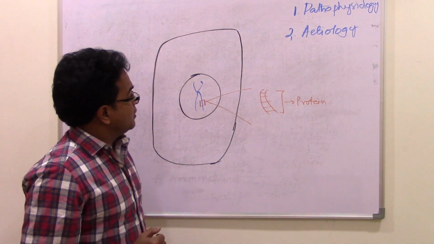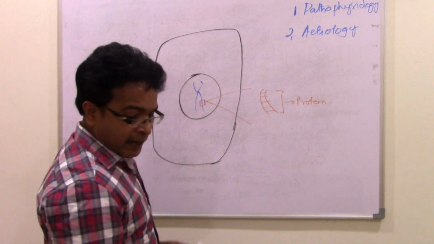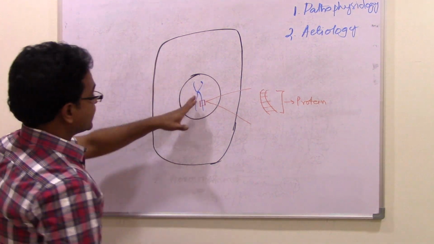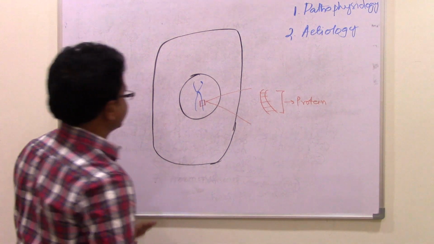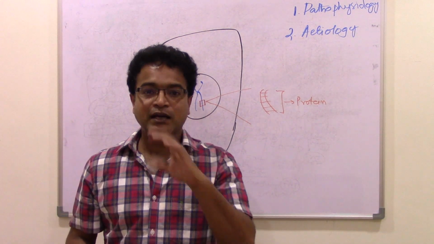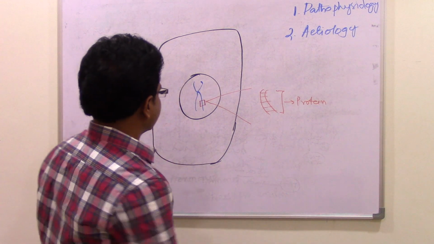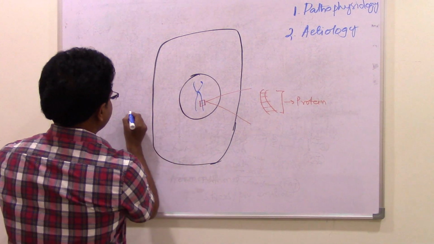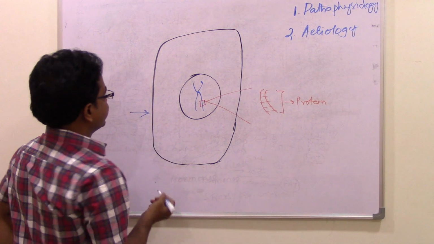Now, the thing is how they are activated, how these chromosomes are activated, our genes are activated. See, there are two types of environmental signals that we give to these chromosomes to get activated. One is like from periphery.